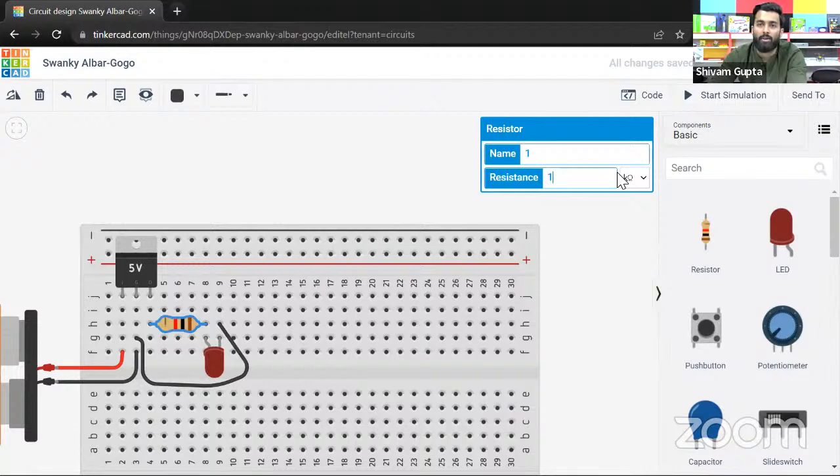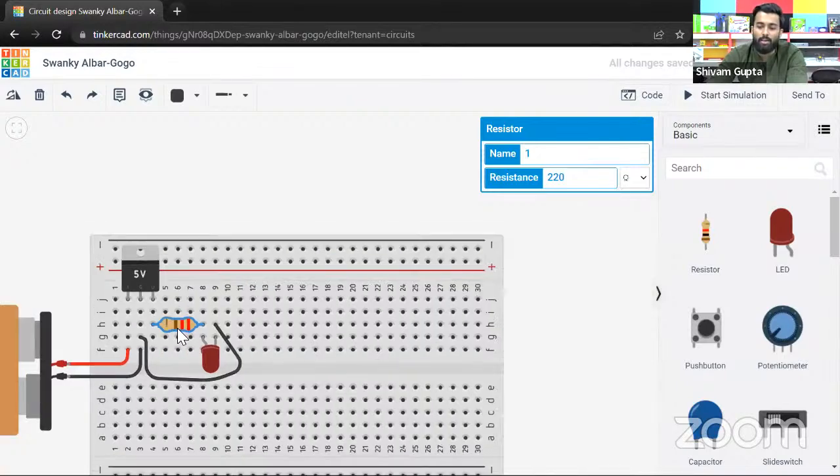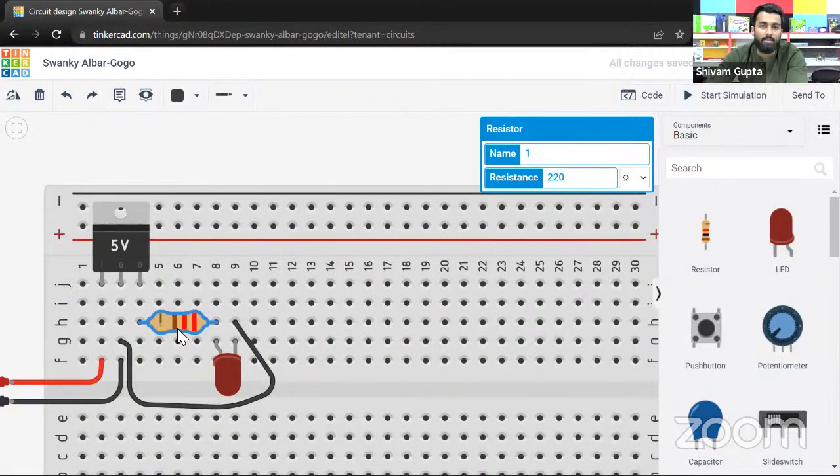So here right now it is 1 kilo ohms, right? And if I want to change the value, like if I take 220 and let's take kilo ohms. So students, did you just notice that the value of the resistance changed? Like earlier it was of some different color, now the color has been changed. Let me take some other value. So 330. Now you can see the color has been changed, right?